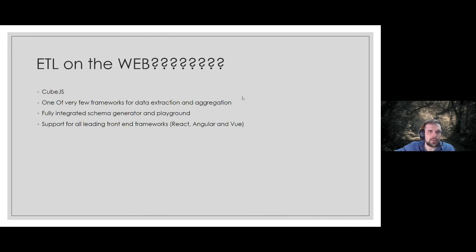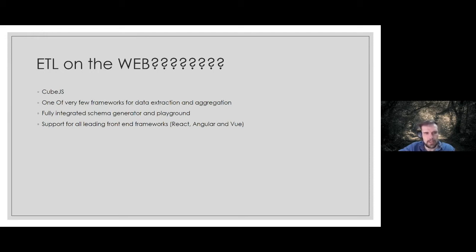And this is where we have a framework called Cube.js. It's one of very few, and it's a company that has tried to fully integrate the JavaScript Node.js environment into the web and provide a platform where you can extract data from different sources and provide different dimensions and simulate what is traditionally called, within the analytics world, an OLAP cube, where you can segregate data on the basis of slices, dimensions, and segments, which I will explain in the documents now.